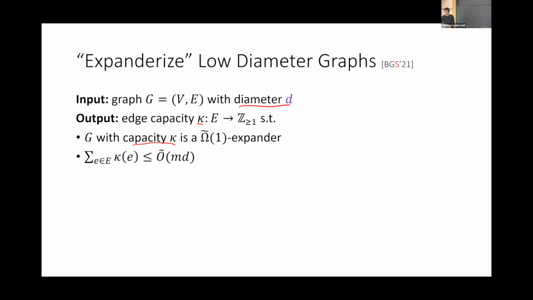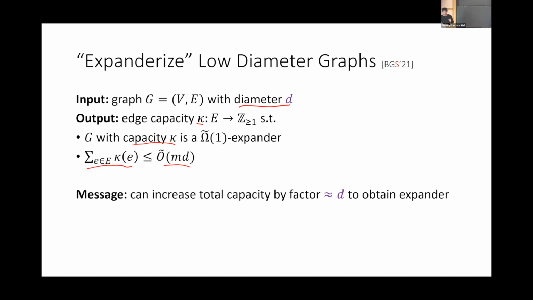But at the same time, the total capacity is only increased by a factor of d. So the high level point is that, given a low diameter graph, you can increase total capacity by a factor of d and obtain an expander.